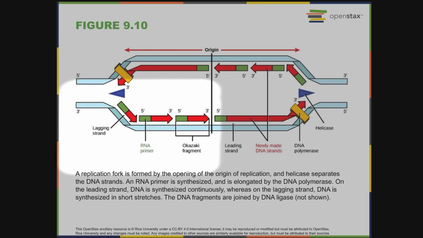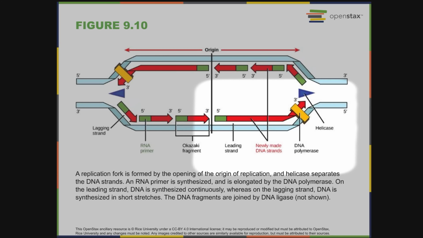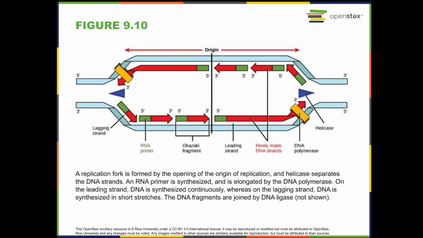In order to make our copy from 5' to 3', we have to do that in Okazaki fragments. So there are several Okazaki fragments being created as they move to the left. To the right, we're essentially copying downstream. We're making a 5' to 3' copy. So we only have one RNA primer, and then DNA polymerase can copy all the way down the strand. The spots that are filled with RNA primer will later be replaced by DNA nucleotides, and the gaps between the fragments will be sealed by an enzyme called DNA ligase.